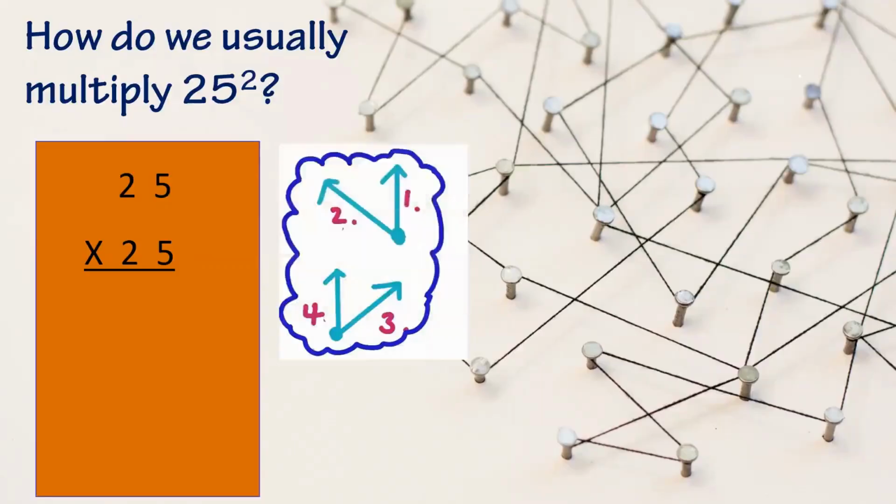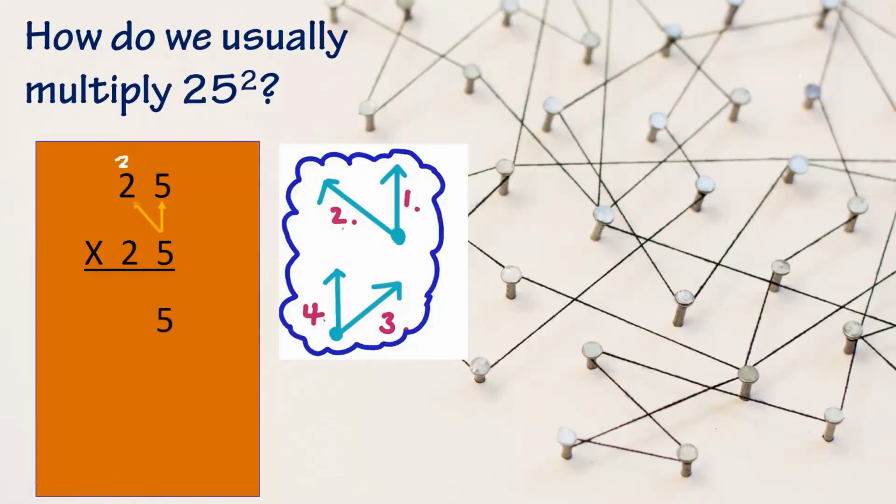In a conventional way of multiplication, we just multiply the ones by ones, then ones by tens, tens by ones, then tens by tens. And usually we do like this: 5 times 5, that is 25. We bring down 5 and we carry 2.